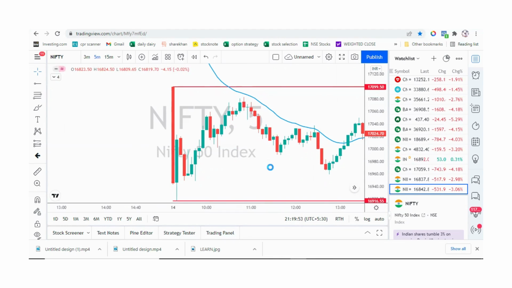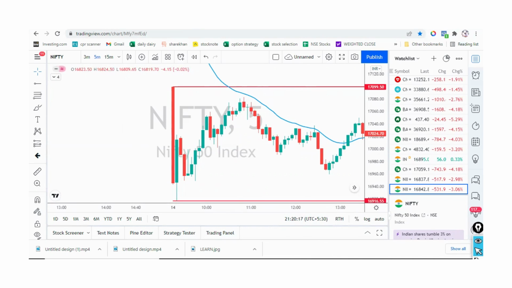It completely depends, but it has to retest at that point. Only then we will be able to take a trade. Now let's see where exactly we can initiate a trade, whether it is on buy side or sell side.